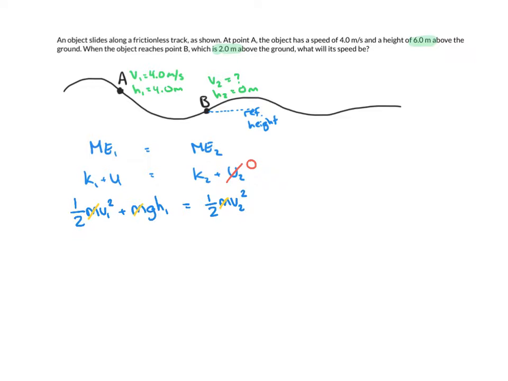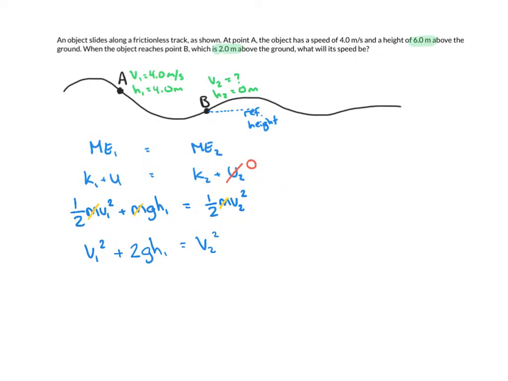2 times a half cancels out, and I have v1 squared left here for the first term. And then this will be 2 times g h1, and then equals on the right side. 2 times half cancels out, leaving me with v2 squared.